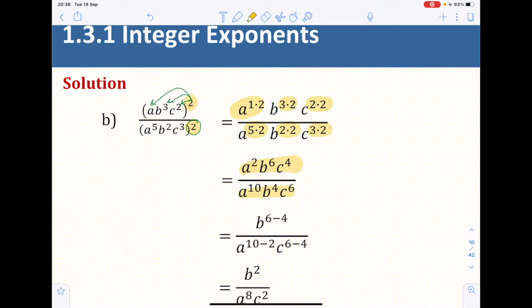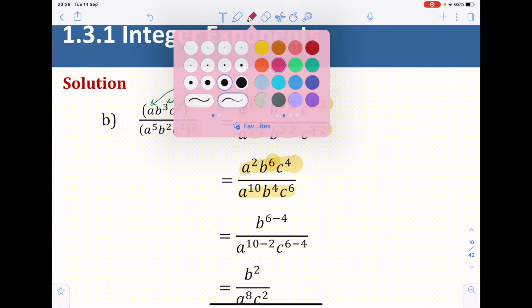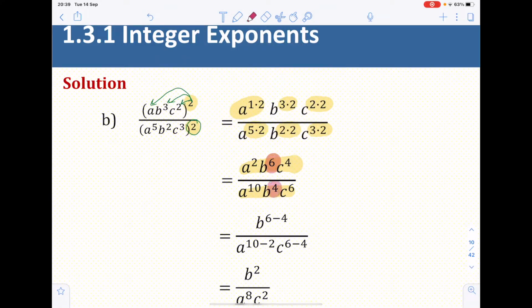So all I have to do here is to subtract the powers, but the best way to do it faster is to subtract up if the power up is more. If the power up is more, you subtract it up, and if the power down is more, you subtract down. For example here, since 6 is larger than 4, I do the subtraction up.